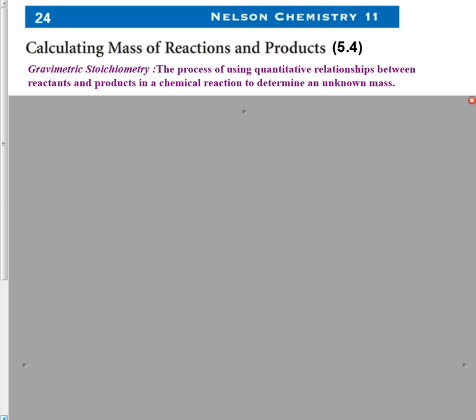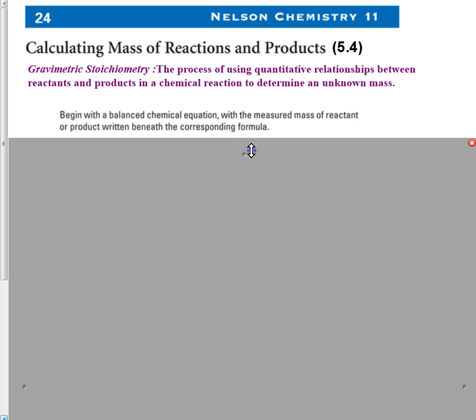These are all quantitative relationships, but we're going to be using mass. That doesn't necessarily mean that the chemical reaction involves only solids, but we do at some point need to know how much in grams. Gravimetric stoichiometry really involves all the formulas which we've looked at so far.